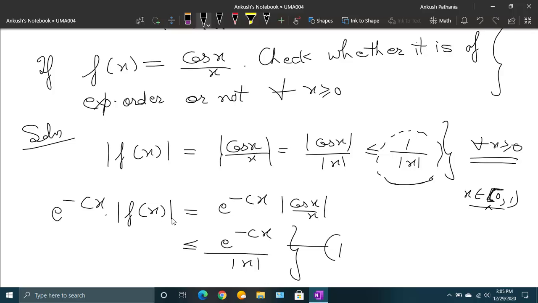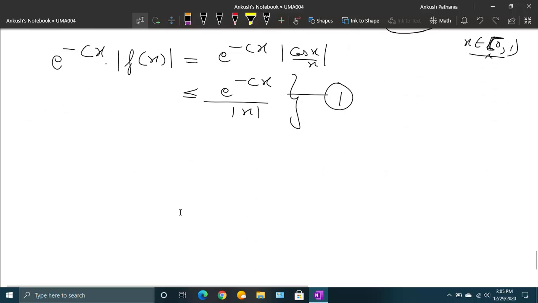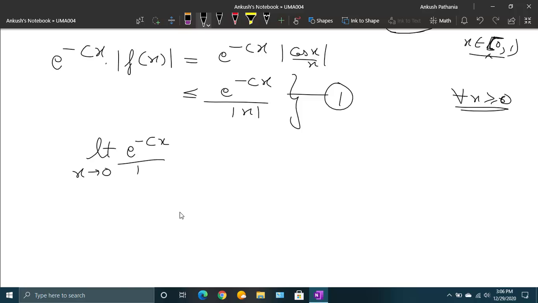Now, as x tends to 0, because the question is for all x greater than or equal to 0, e raised to power minus cx upon mod x tends to infinity.